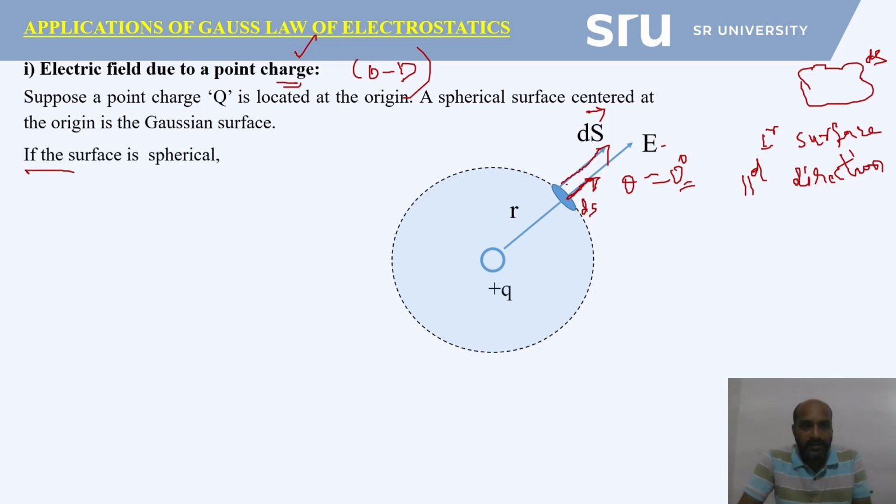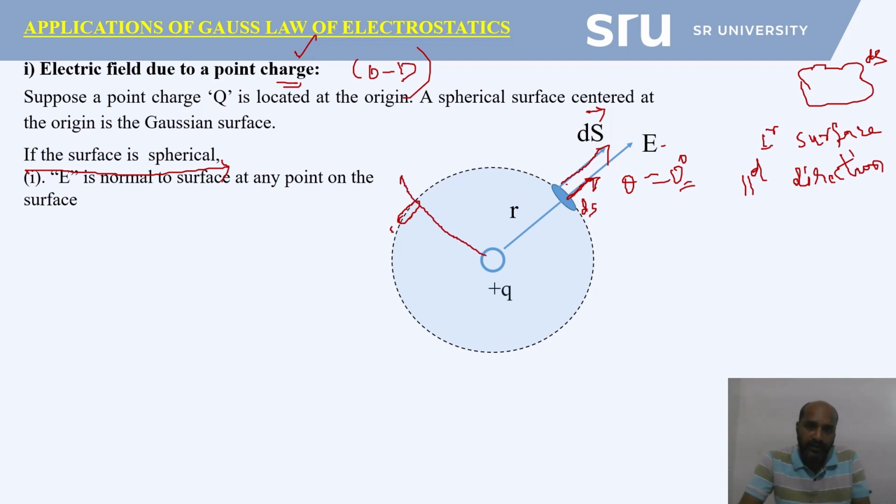So if this is a spherical surface, we need to notice 2 points. If you choose an elemental surface anywhere, not only here but anywhere, E will be normal to the surface. If you draw the electric field line E here also, that will be normal.